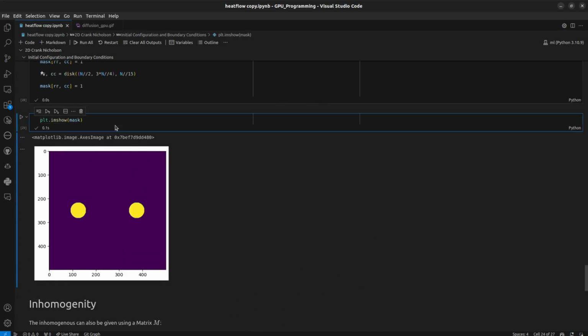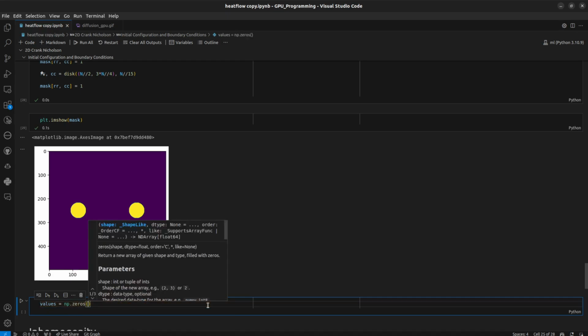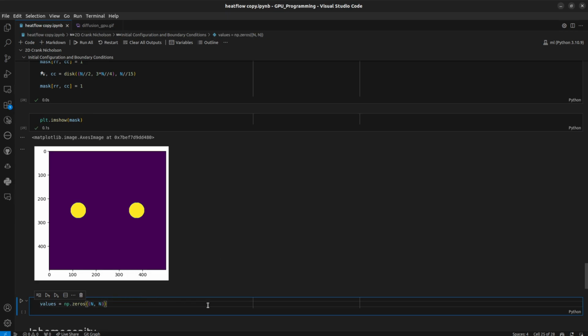Now we can think about our values, or we can initialize the values on our grid. That's again, we're going to start with an n by n array and set the values that we just selected with our mask to 10.